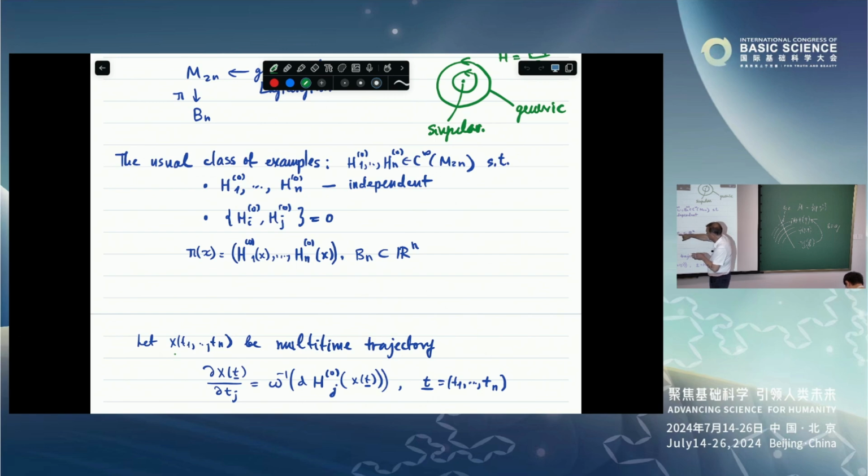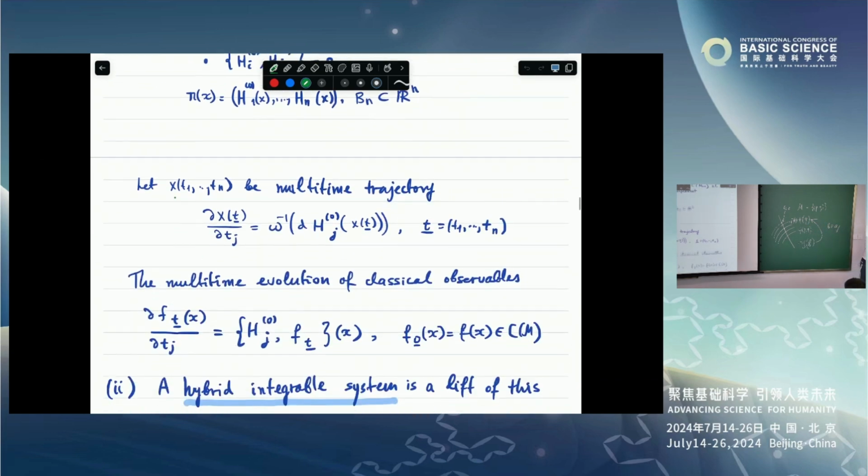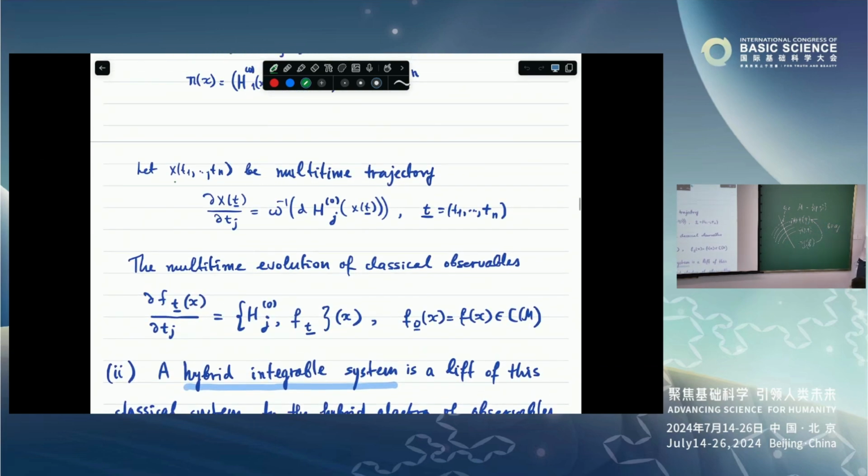And this H1, ..., Hn would be local coordinates. Okay, so once we have an integrable system, you don't have a specific designated Hamiltonian, you have n Hamiltonians.